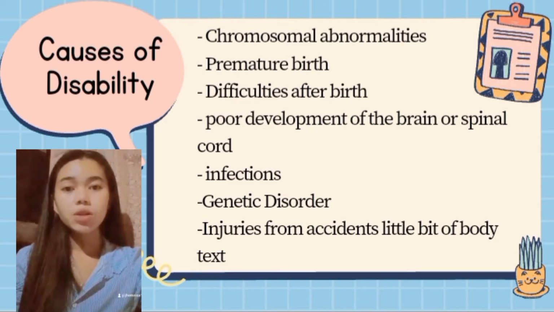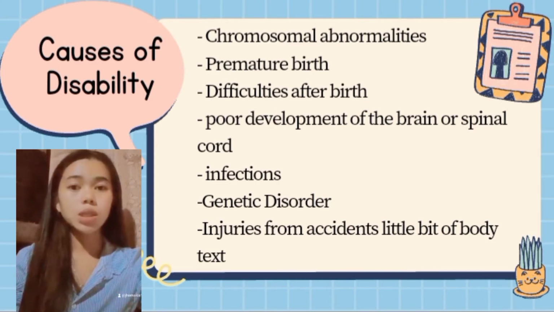The third major cause is the poor development of the brain or spinal cord. Birth defects of the brain result in problems that can range from mild to severe. They can affect one part or many parts of the central nervous system. Fourth is infections.